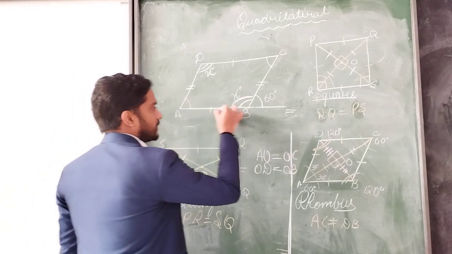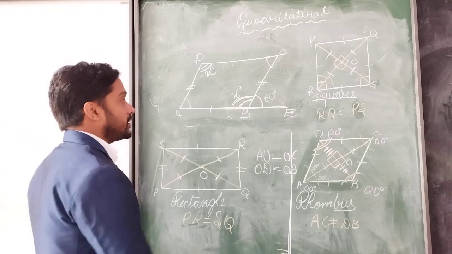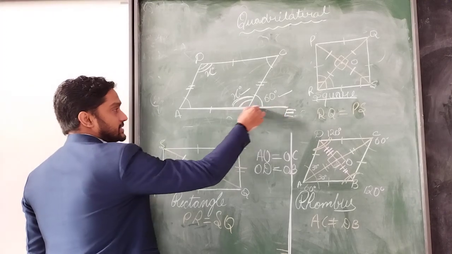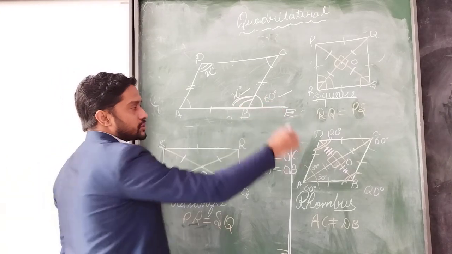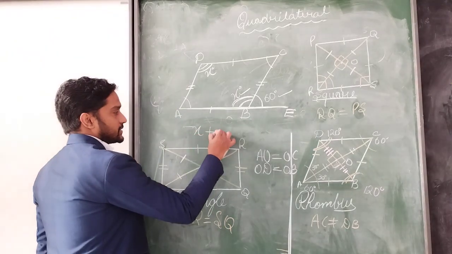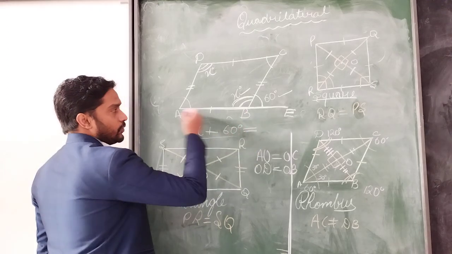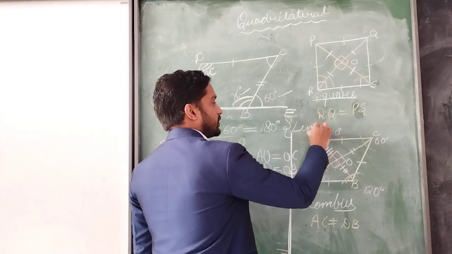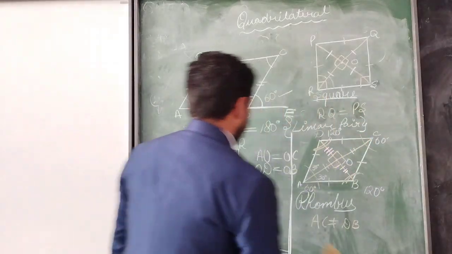You can see that AF is a straight line, so we can apply linear pair over here. What is a linear pair? Angle x and angle 60 are both lying on this straight line, and a straight line angle is 180 degrees. So angle x plus angle 60 equals 180 degrees, by the linear pair property.